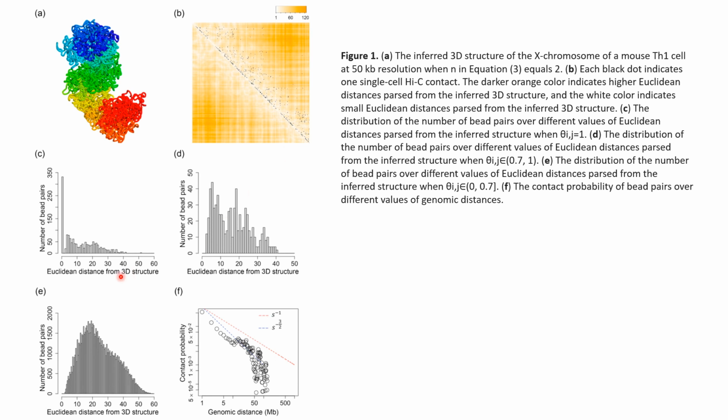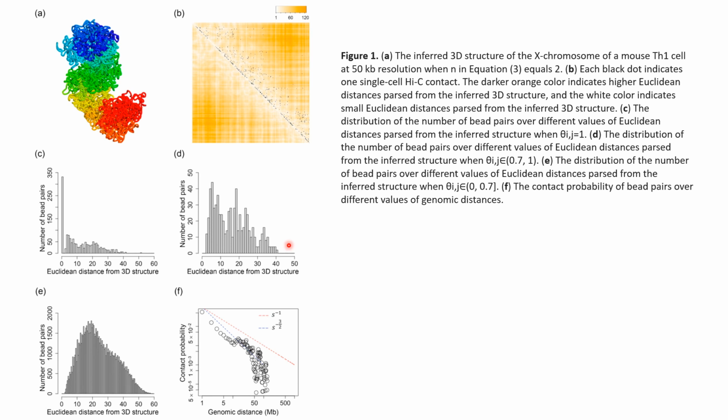C. The distribution of the number of bit pairs over different values of Euclidean distance parsed from the inferred structure when delta ij equals 1. D. The same distribution when delta ij is between 0.7 and 1.